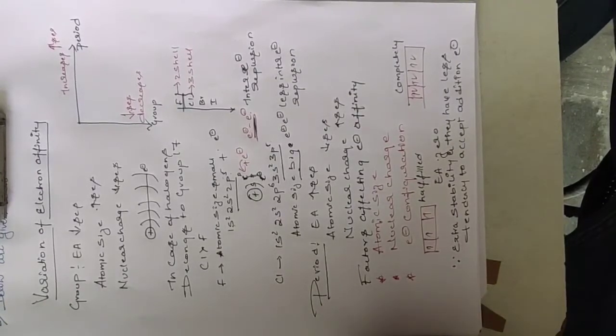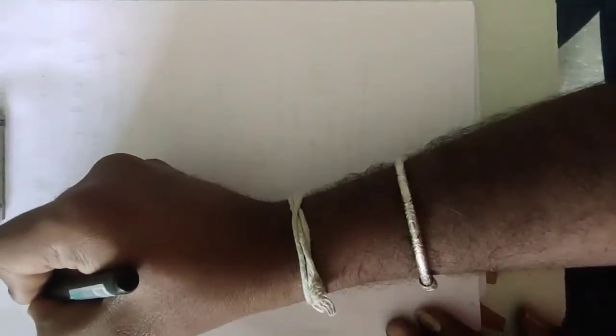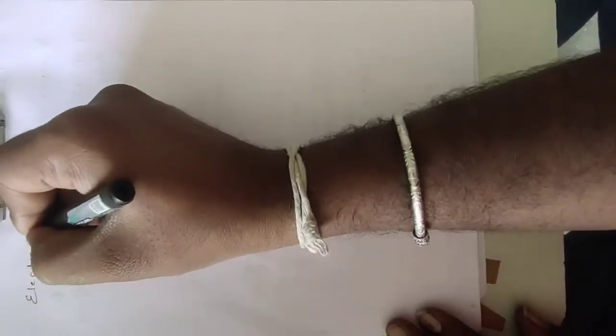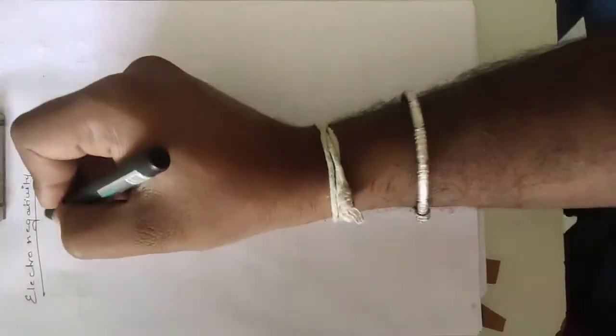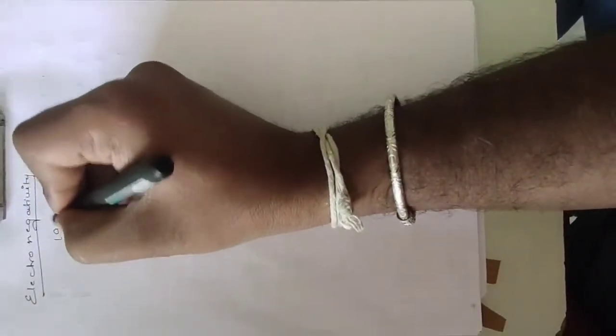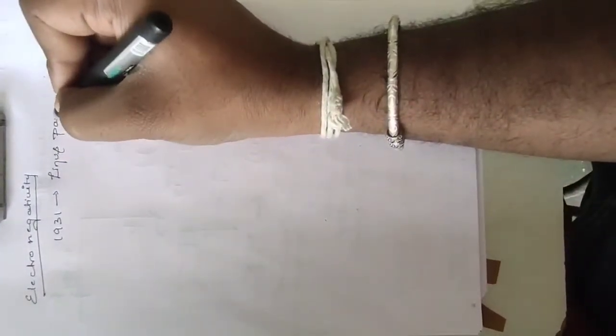Next we are going to talk about electronegativity. Electronegativity was introduced in 1931 by Linus Pauling.